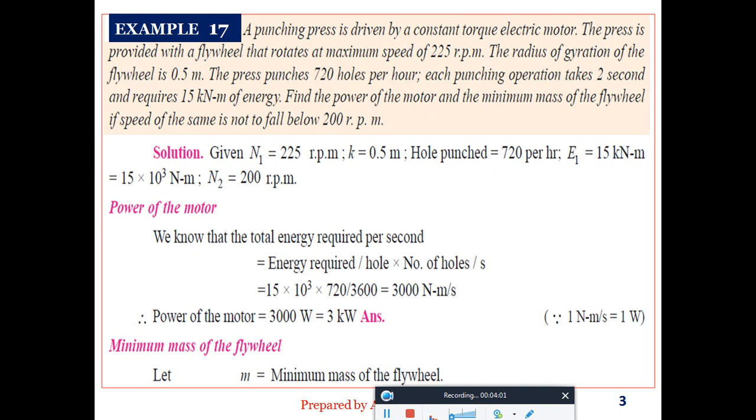The energy required is 15 kilonewton meter, and the time taken for each punch is 2 seconds. If the flywheel drops its speed to 200 rpm, we have to find out the power of the motor and the minimum mass of the flywheel. We will solve this problem in the next session.